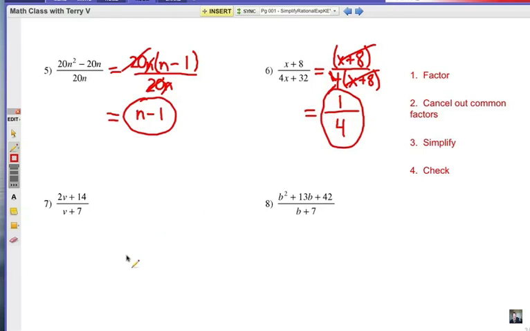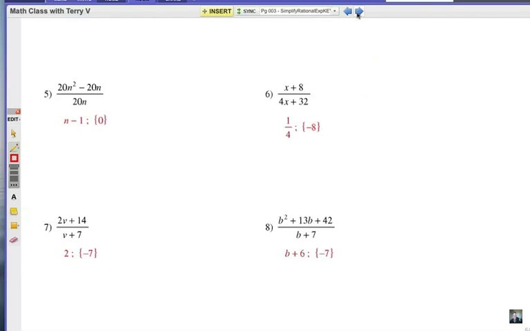All right, again, at any time, if you think you're ready, go ahead and hit pause and try the rest. All right, let's go to the answers on 7 and 8. Okay, you can ignore that part and ignore that part. So let's see, number 7, it says 2 is my final answer, and number 8 is the binomial b plus 6.